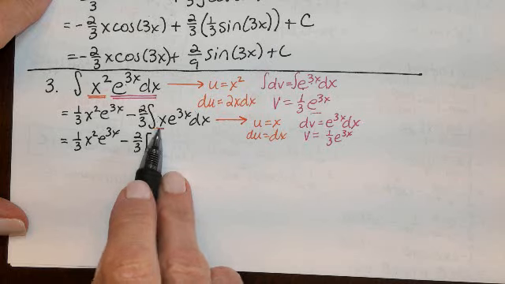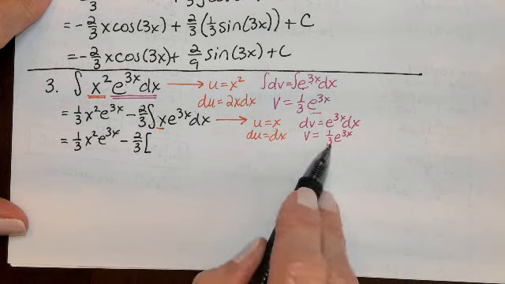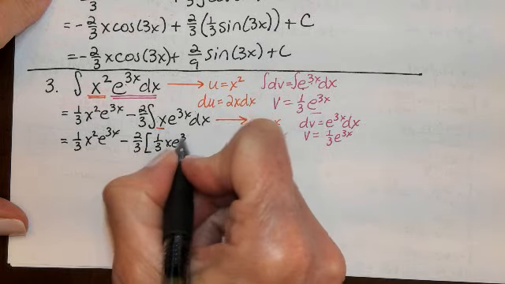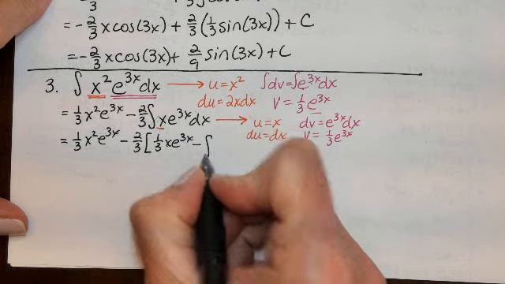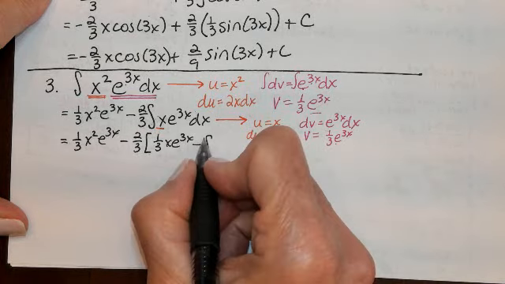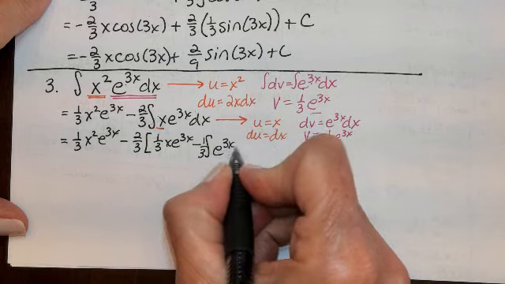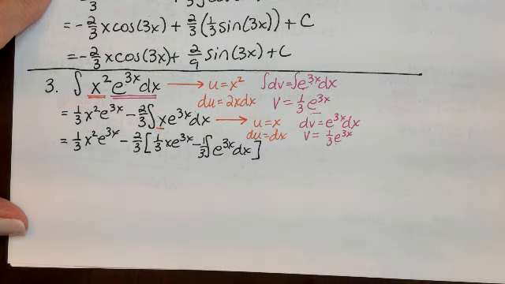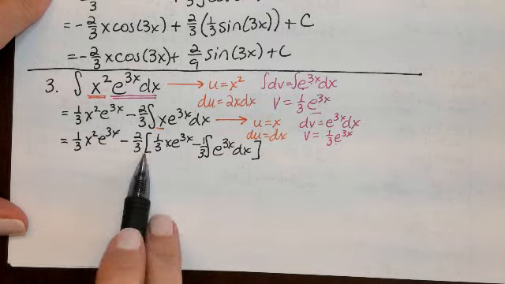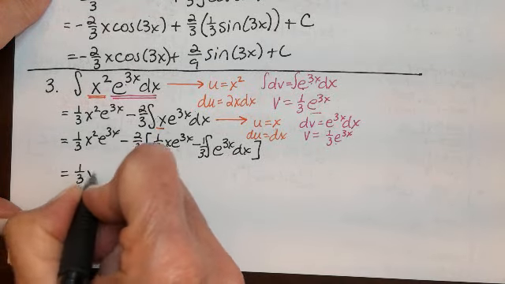So this integral right here is going to be uv, x times 1/3 e to the 3x, minus the integral of v du. The 1/3 I'm bringing outside, and then I just have e to the 3x dx in there. Be careful with this because this 2/3 needs to be multiplied by everything in there, right? So be careful with that.